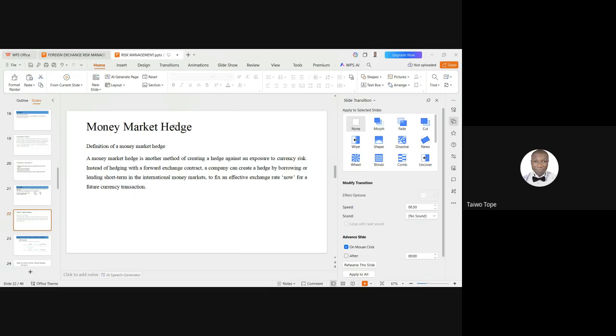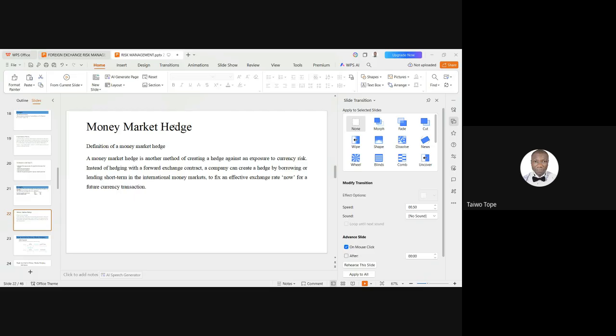And also, if you are the one to pay somebody in the US, what will you do? You can quickly make a deposit in that foreign currency, in dollars. That money you are depositing will yield some interest that will make up the amount you have to pay your customer over there.